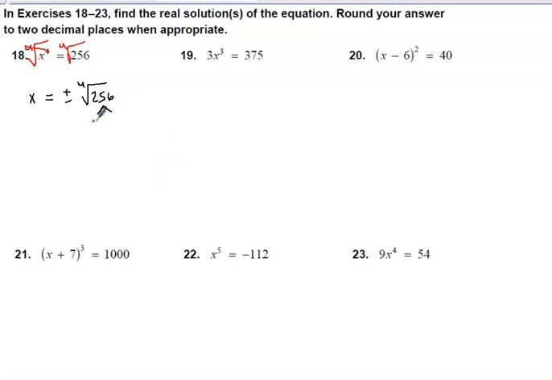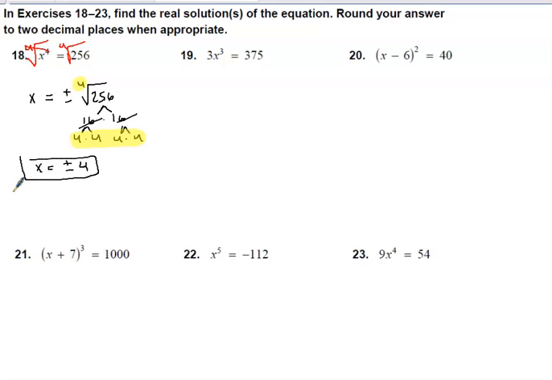When we go to factor this, 256 is 16 times 16. 16 breaks down into 4 times 4, and another 4 times 4. And we are looking for a group of 4 identical factors. Well, I could keep factoring, but I'm not going to because I found 4 identical factors. 4 times 4 times 4 times 4 gives me that 256. So x is going to equal positive or negative 4.